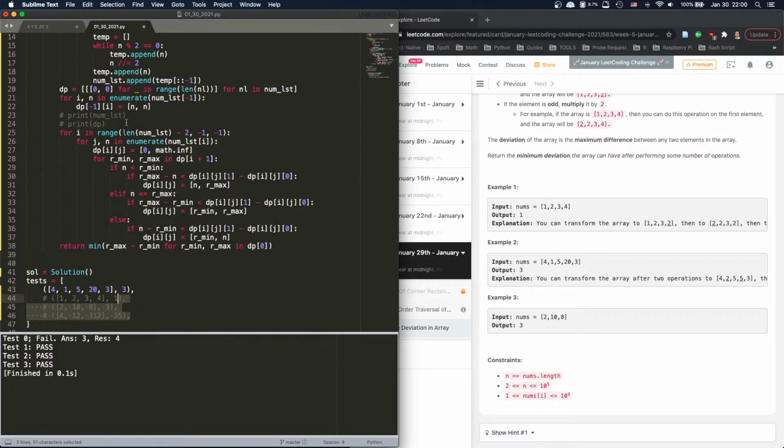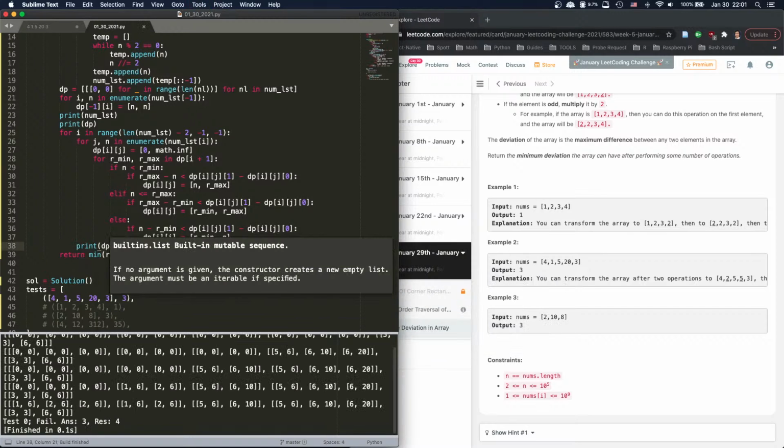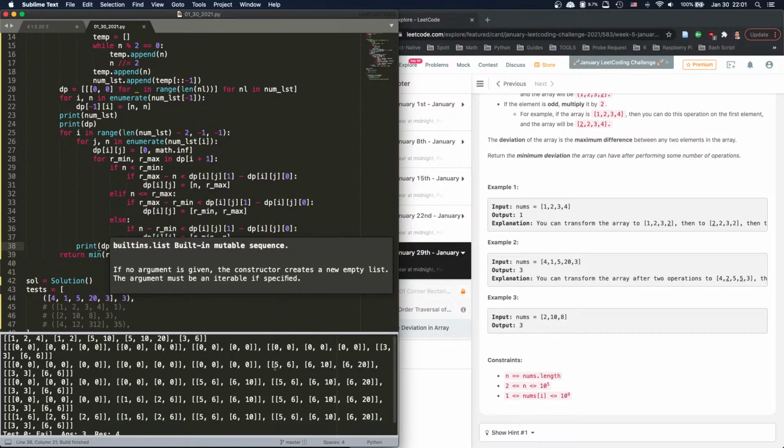Answer 3, result 4. Alright, I think it's time that we print out the DP after every iteration and check. We start with 3, 3, and 6, 6. We have 1, 2, 3, 4, 5, and 1, 2, 3, 4, 5.